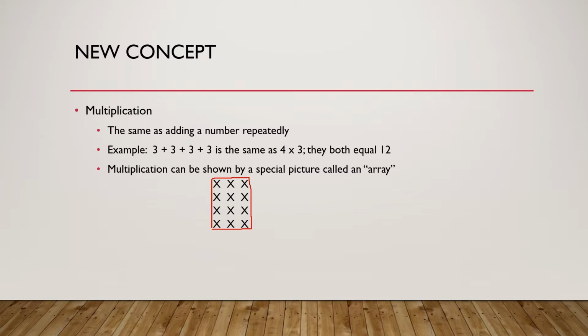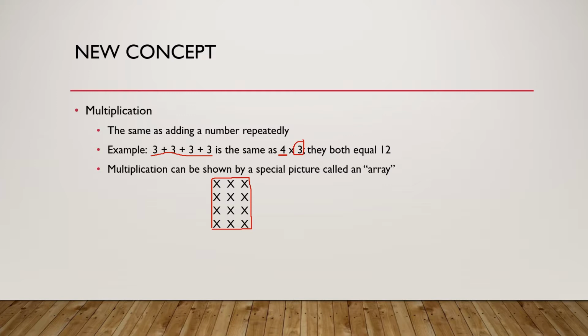The other thing to look at is, when you look at a multiplication problem, the first number in the multiplication problem tells you how many times you're adding the second number. So 4 times 3 means we're going to have 4 3's and we're going to add them together.